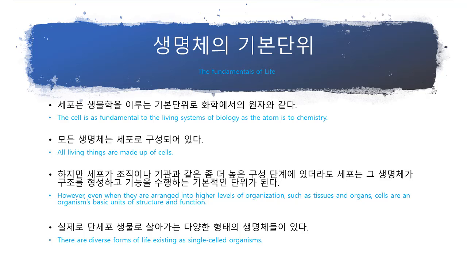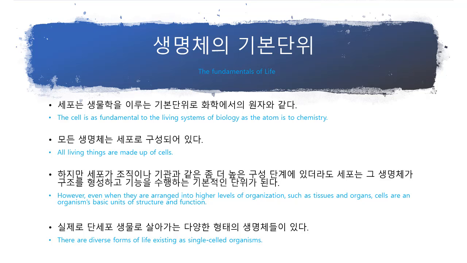So we're going to have a quick look at the fundamental units of life, not the fundamentals of life, but the units of life. The cell is as fundamental to the living systems of biology as the atom is to chemistry. All organisms are made of cells. In the hierarchy of biological organization, the cell is the simplest collection of matter that can live. Indeed, there are diverse forms of life existing as single-celled organisms.